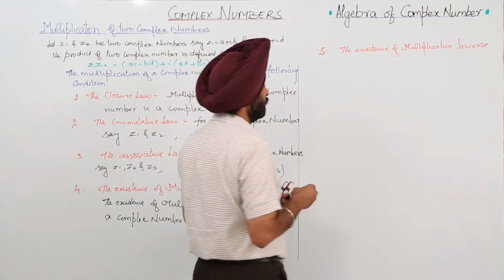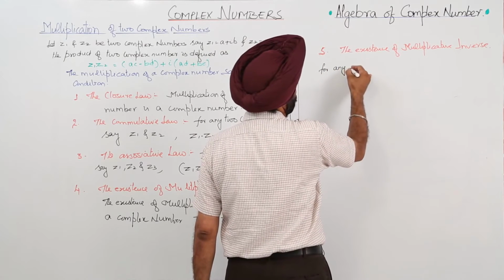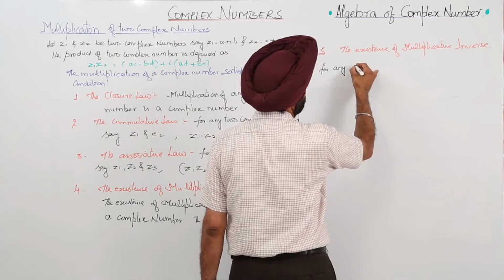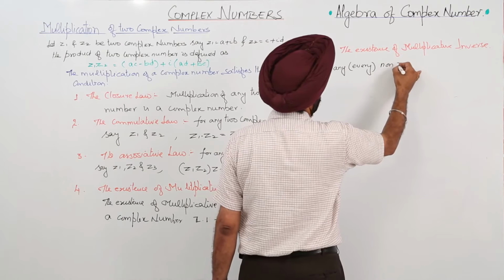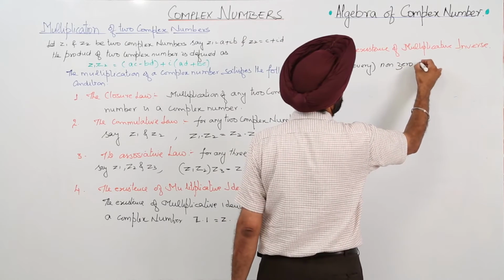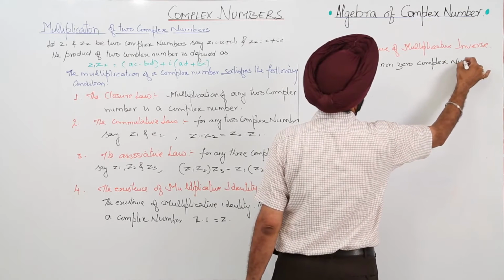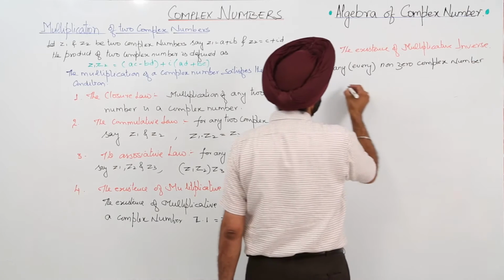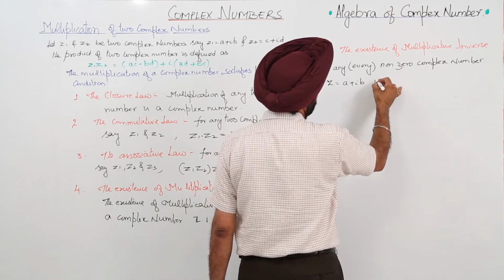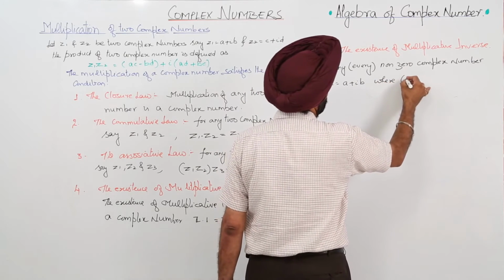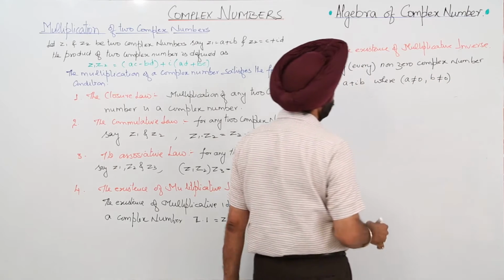Now in this part, for any, or you can write for every, non-zero complex number, suppose we are having Z is equal to A plus iota B, where A should not be equal to 0 and B should not be equal to 0.